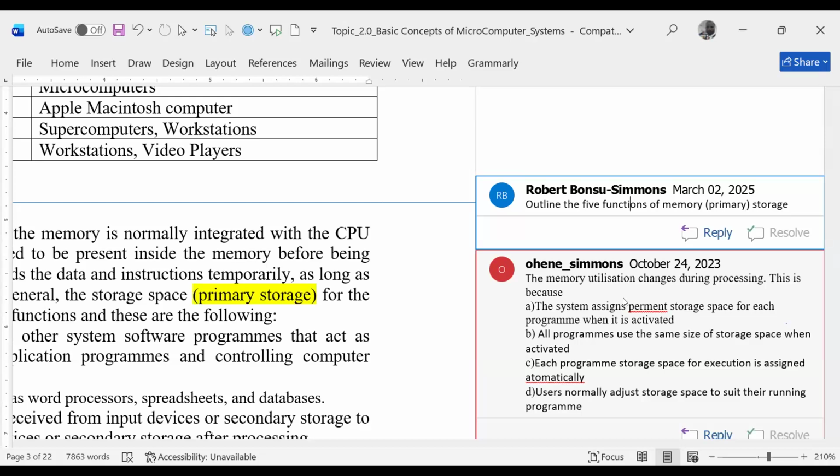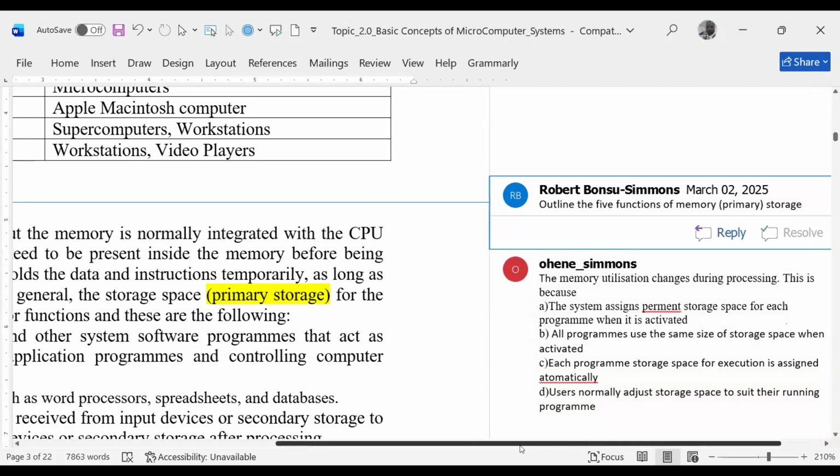Let me think. The question again: outline the function. Okay, so the primary storage memory, which is the RAM, stores data as long as there is power.